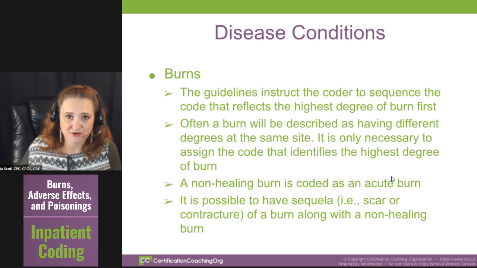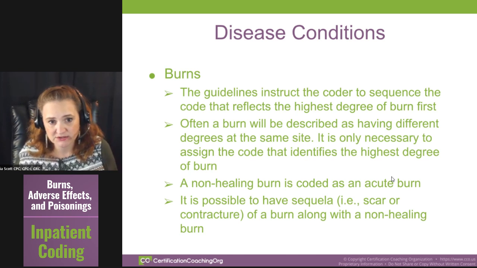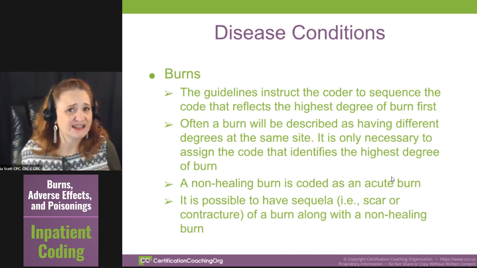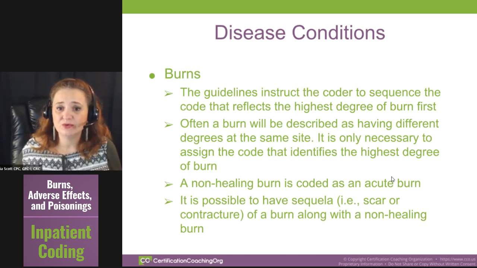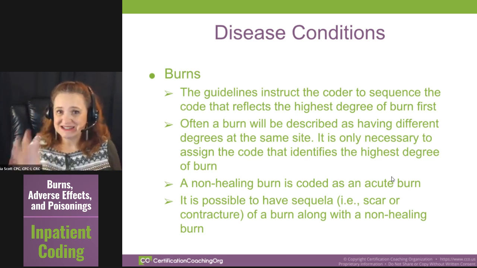You're not going to code second degree burns at that extremity and third degree burns. Now, this is classic test questions, guys. You will be tested on understanding that for one site, if you have more than one degree of burn, you only use the one code for the highest specificity, okay? And it's very common in real life to have several degrees of burns in one particular area.